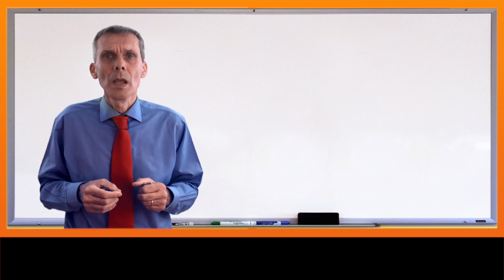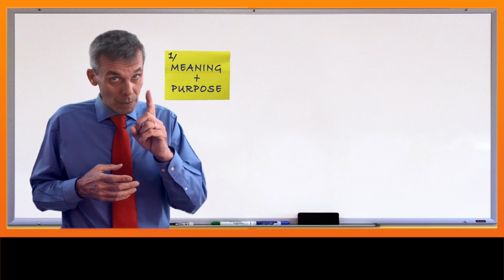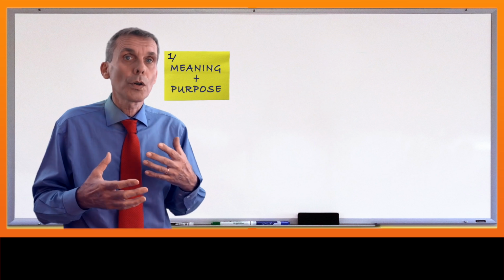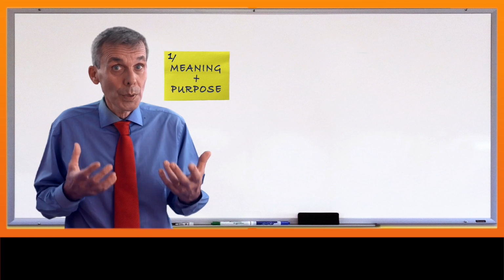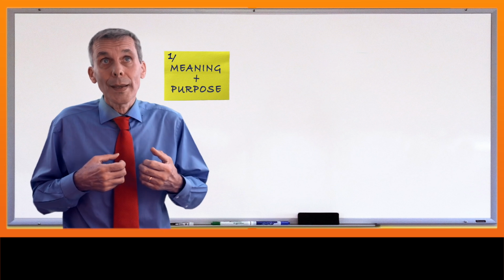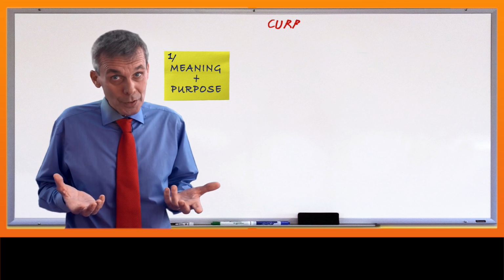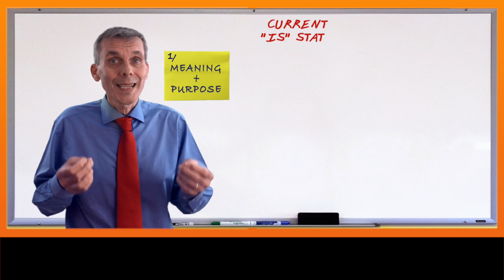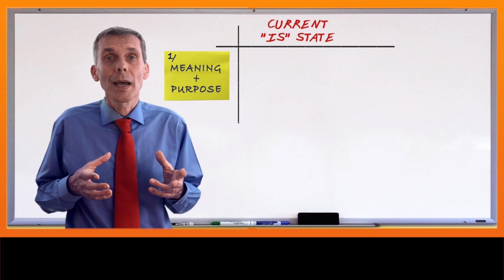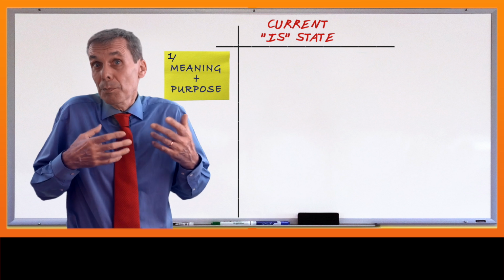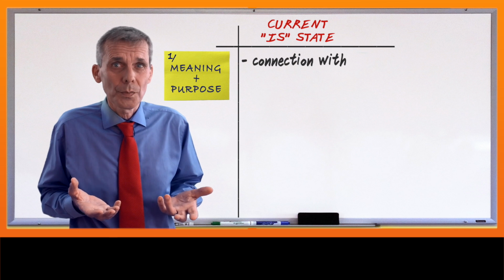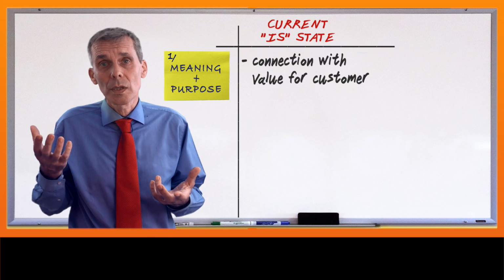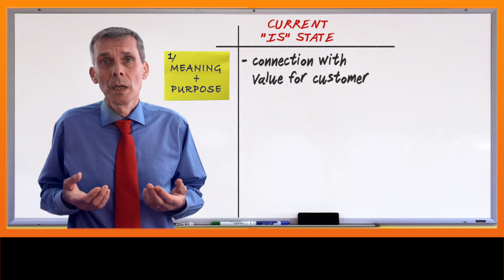For example, for our first key condition, number one, which is about how work fulfills our need for meaning and purpose, it might be that after careful reflection and discussion, your "is" state list might include that, firstly, people don't see much connection between their own work and the value that is being produced for customers.